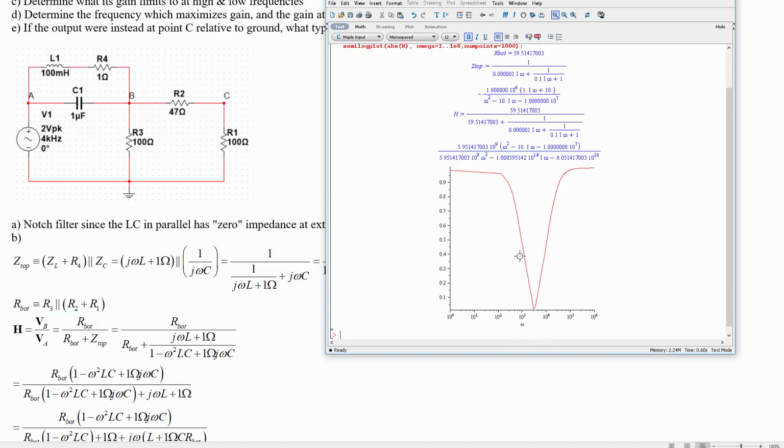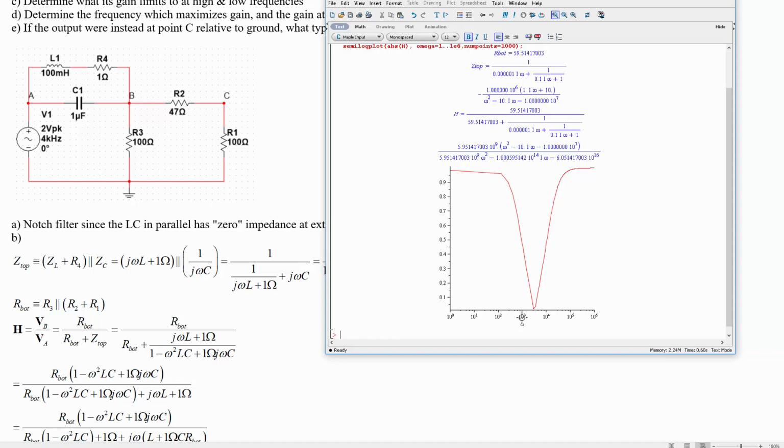And there we go. So we've got a notch filter, and it looks like the frequency that it notches at is close to 10 to the 3. So there's 1,000. There's 10,000. So how many different intervals do we have here?